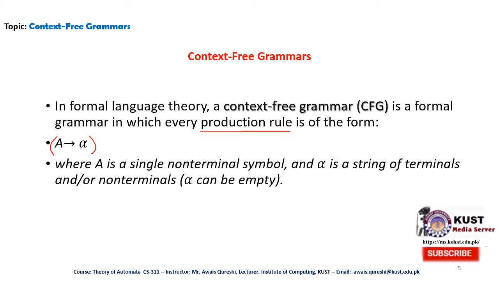Let's study what these notations mean, A and alpha, where A is a single non-terminal symbol, and alpha is a string of terminals and/or non-terminals, and alpha can be empty. Remember that A is a non-terminal symbol. This means that all further strings are based on this symbol, and alpha, the string of terminals, means that we can replace alpha with different strings by using different rules, and it could be an empty string as well.